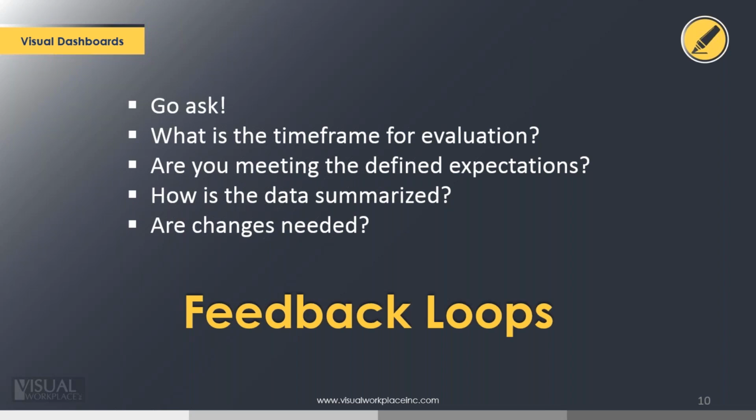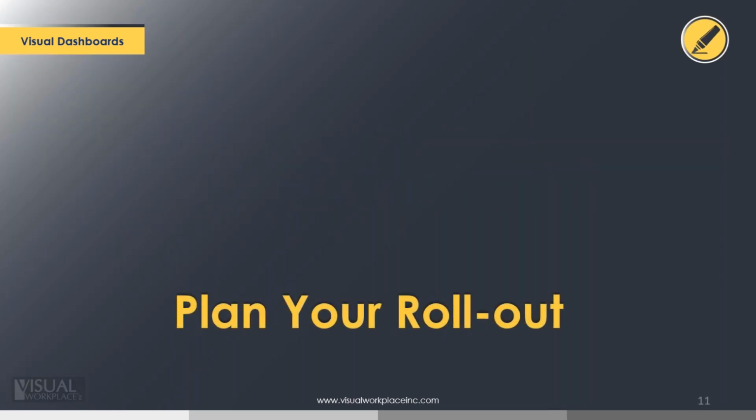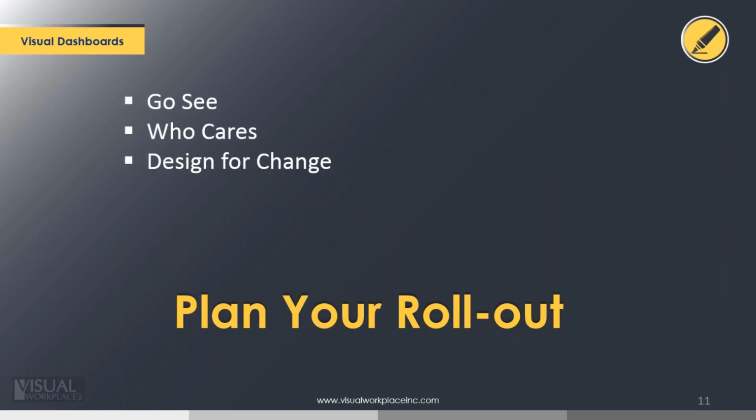And that's where their feedback can come in extremely valuable. So again, this takes us through that process of planning that rollout. And I don't want it to seem complicated, but it's just a simple thought process that you can use for developing a more effective visual management system for dashboards and scoreboards.